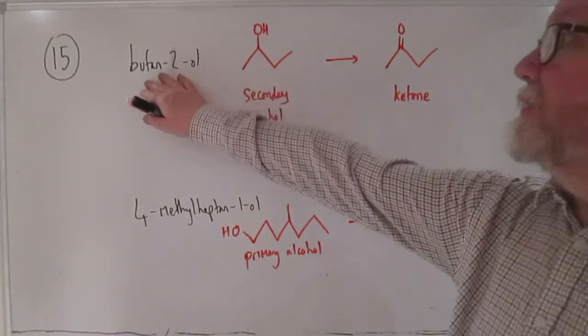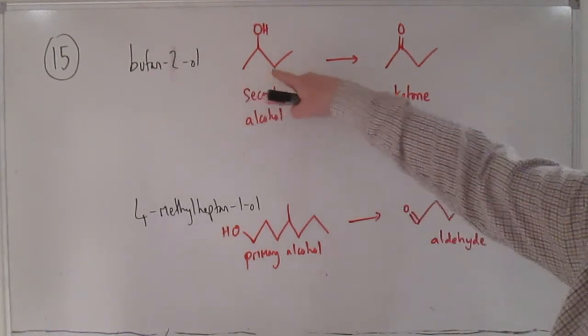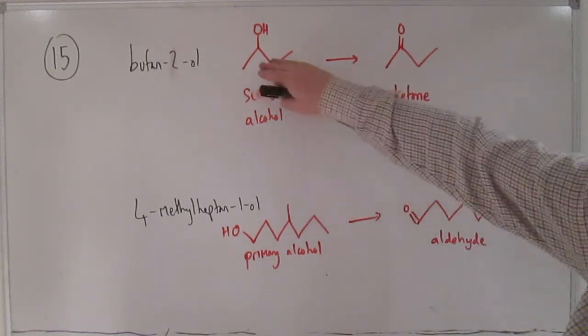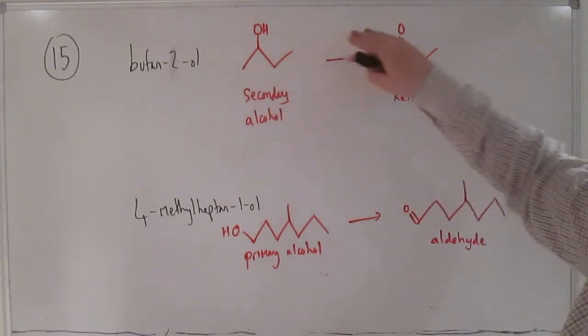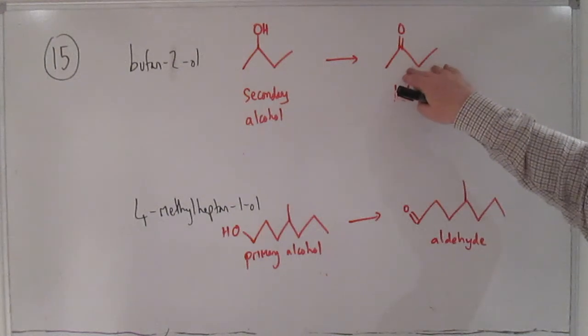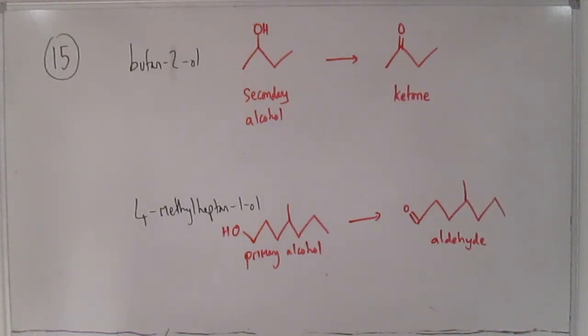So butan-2-ol we started with, and we've already said this is the first stage of reaction. So we had a secondary alcohol, butan-2-ol, and it was oxidized to a ketone, butanone. So the answer then is that if you keep on exposing it to the oxidizing agent for longer, it makes no difference.